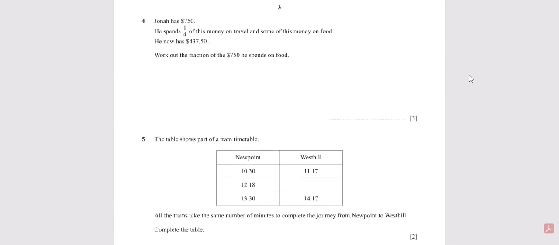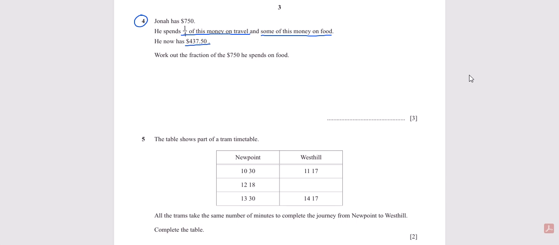Question number 4. Jonah had $750. He spent 1/4 of his money on travel, that is one part. And second is some of his money on food. Now he has $437.50.